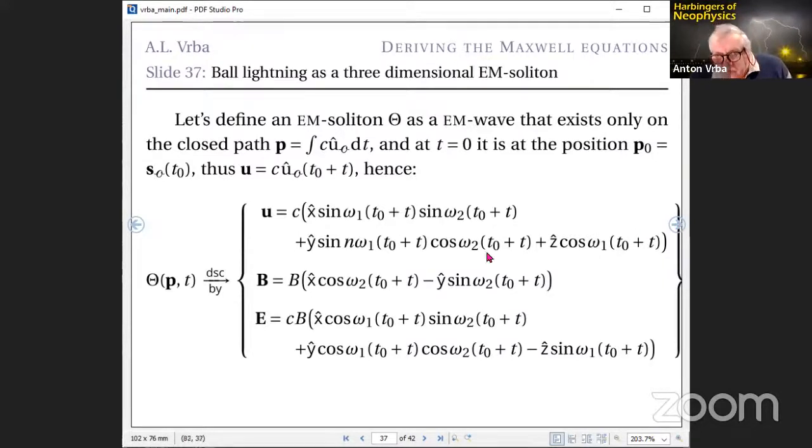These are just simple Euler rotation terms you can pick up in any Euler rotation matrix system, so it's nothing fancy, and they have to be that so that these are all co-orthogonal.